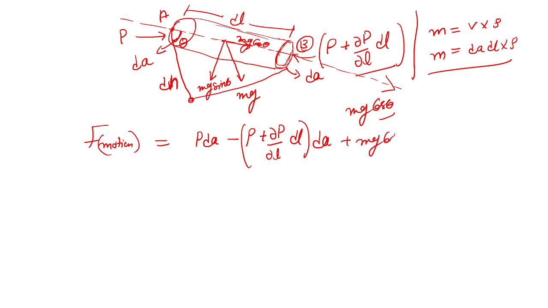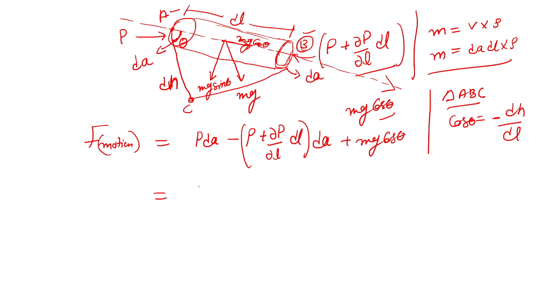Now you are thinking, from where will we get cos theta? Let's say this point is C. From triangle ABC we can easily get the value of cos theta, that is equal to dh over dl, where dh is the base and dl is the hypotenuse. We can take it as negative because the height is decreasing when the fluid flows from point A to point B. So this is the cos theta value.